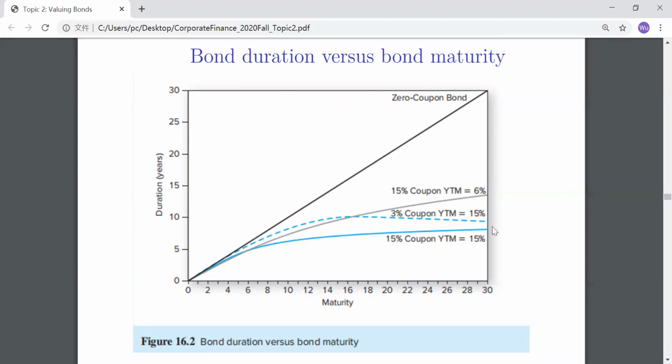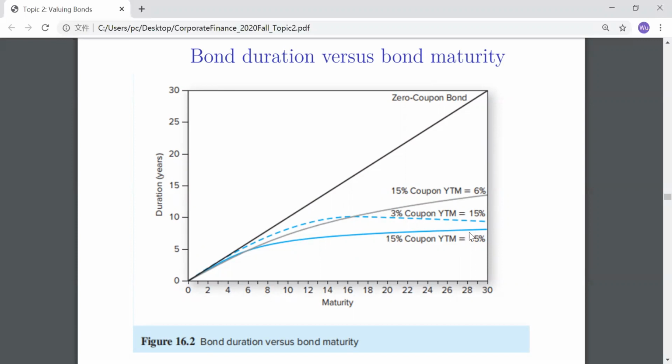This is a 15% coupon, yield to maturity 15%. This is a 3% coupon rate, yield to maturity 15%. So this already shows our second property. If the coupon rate is lower, the bond prices are more sensitive, hence the duration is higher. This is already reflected in this graph.